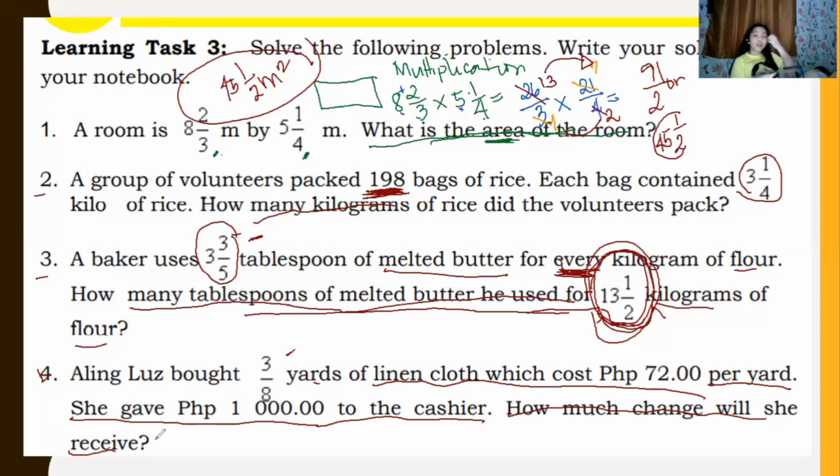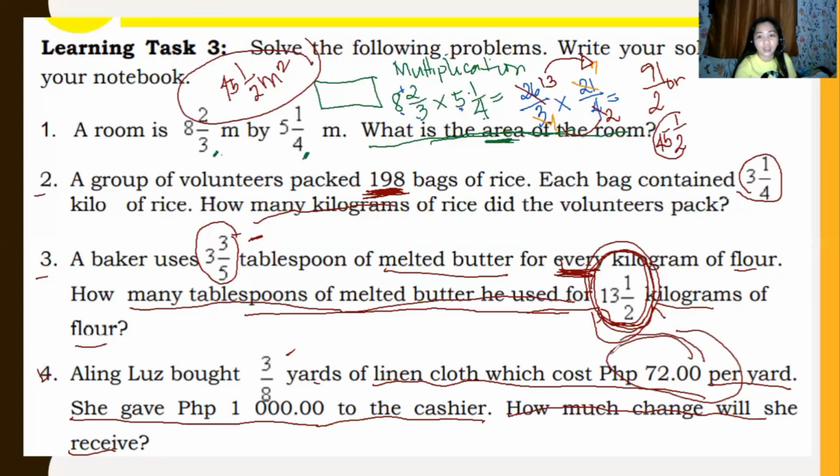So here, the application of fractions in money. In number 4, Aling Lusing bumili ng 3/4 yard ng linen cloth at ang bawat yarda, in every 1 yard, it costs 72 pesos.